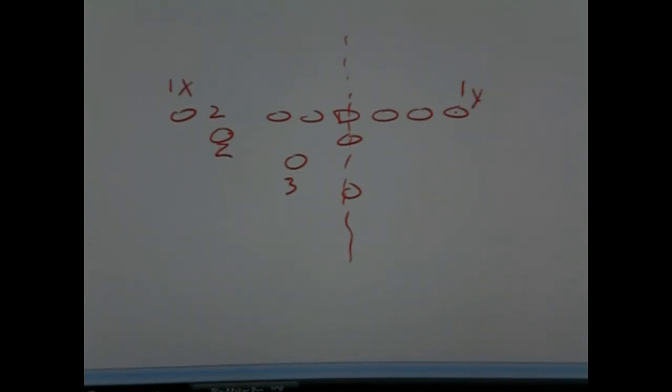There's the Z. Here's the fullback, rip over far. Okay? There you go. Rip over far. Well, maybe you want to get more of a trips look. Now it's a rip over slot.